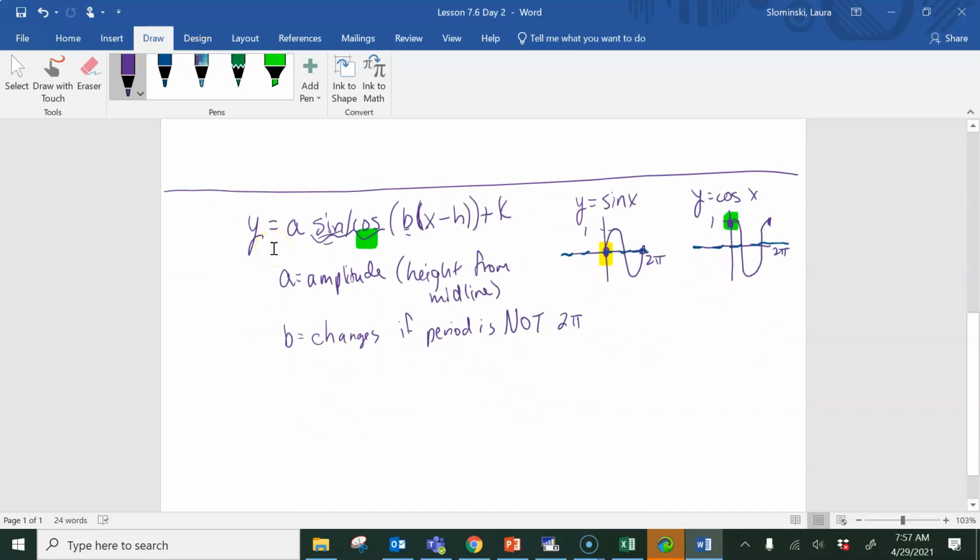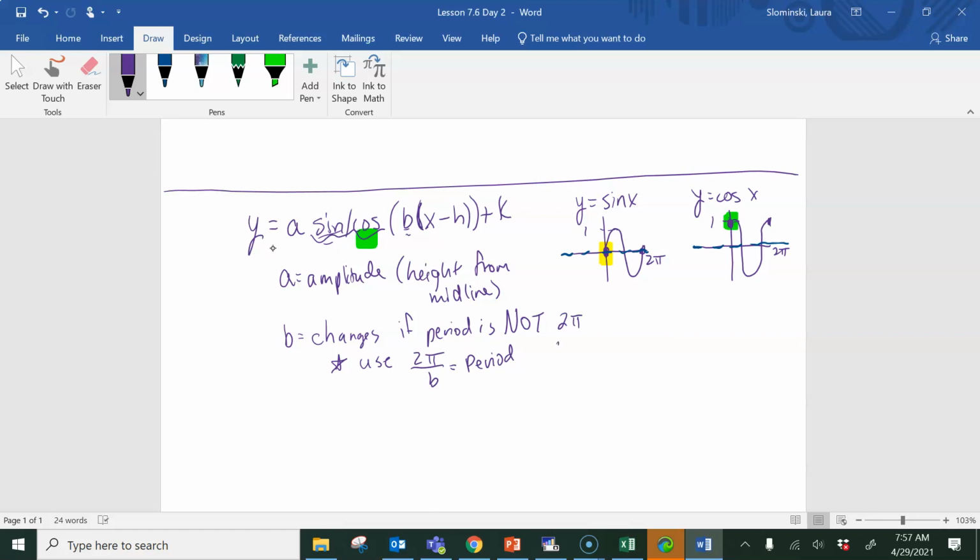Now, if it gives you a different period, a lot of the graphs we look at actually have a period of 2 pi, but there's at least one problem in your homework where the period is not 2 pi. Then you're going to use 2 pi over b equals the period, and you're going to solve for b.